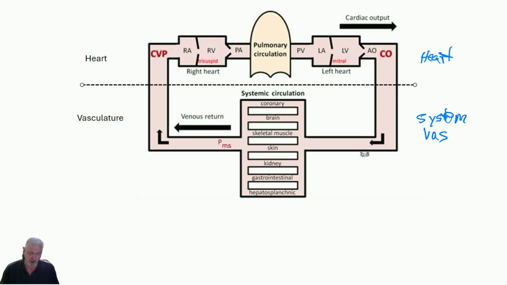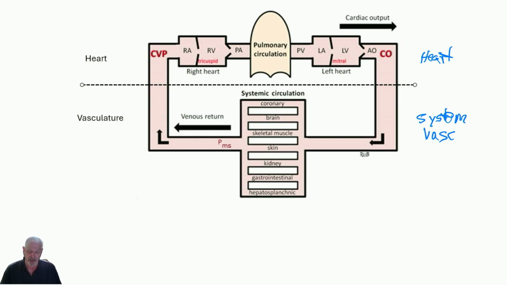So everything below the dotted line is going to be related to the systemic vasculature. And so the heart is not just the heart. Mostly we're going to think of it as the left heart, but it does include some things that happen to the lungs.